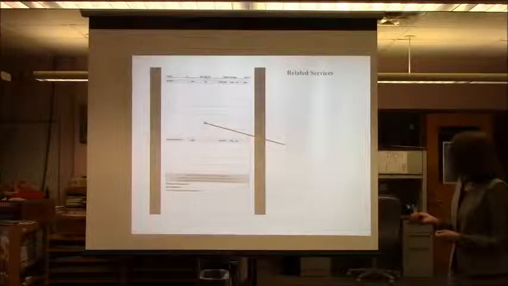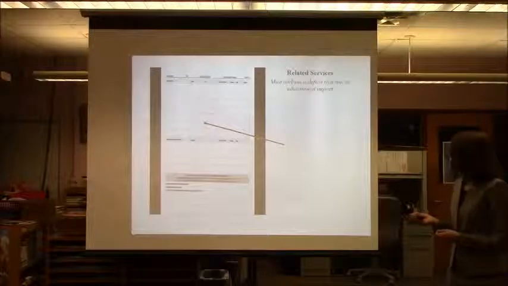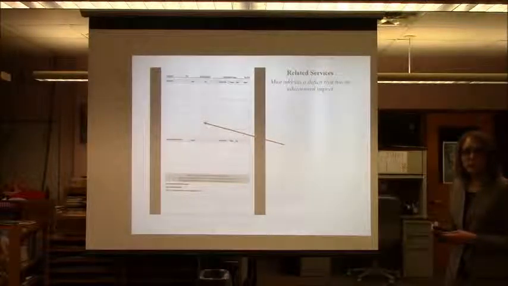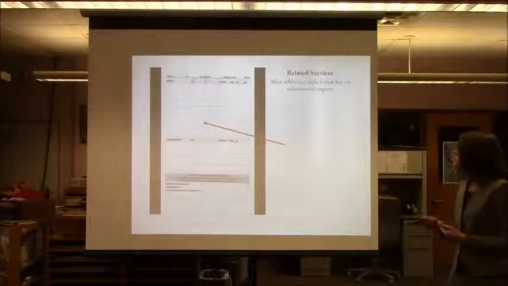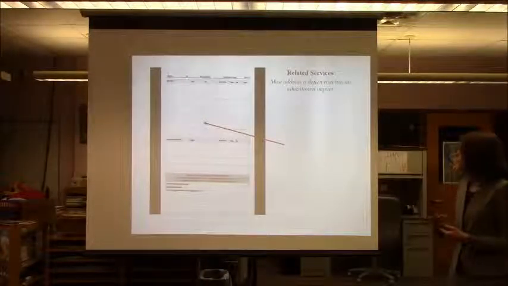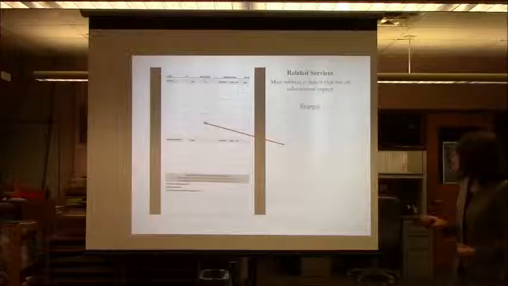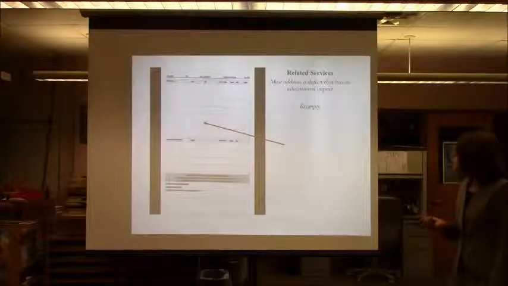There's also a section for related services. As we talked about in the beginning, perhaps during that evaluation process, a student showed a need for speech and language therapy. So now you're going to explain how that speech and language is going to take place in this section of the IEP. If they qualified for speech and language or some other related service, it's because it's related to their disability.